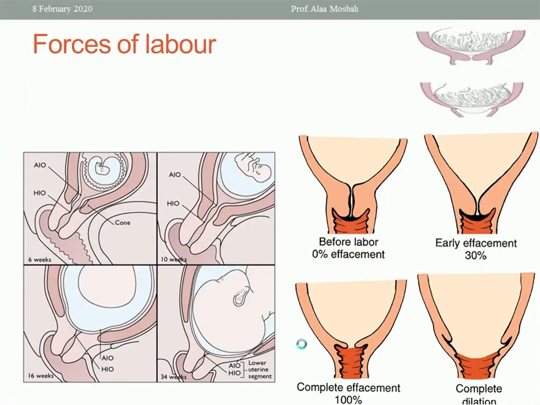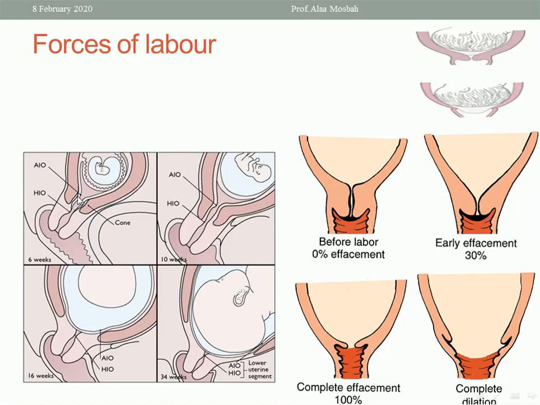This picture lets you see how the lower uterine segment is formed. As you see in this picture, this is the external os, this is the histological internal os, and this is the anatomical internal os. The area between the anatomical internal os and the histological internal os is called the isthmus.